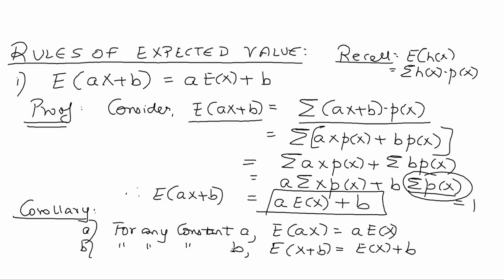Okay, so for any constant a, expected value of ax is equal to a times expected value of x, and for any constant b, expected value of x plus b will be e of x plus b.